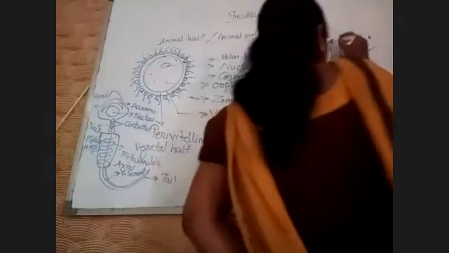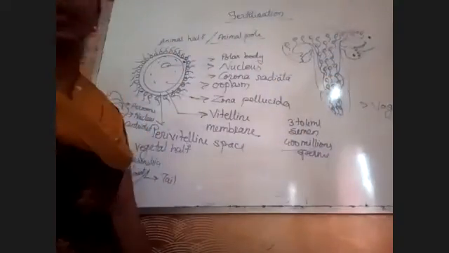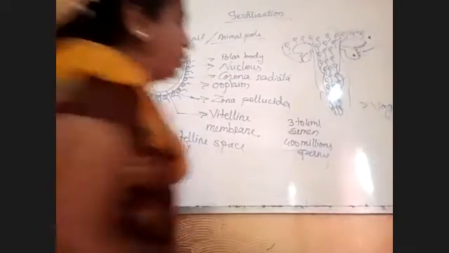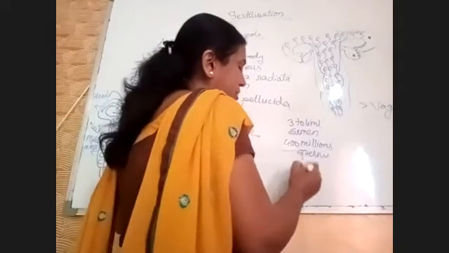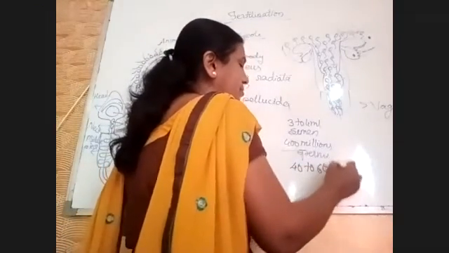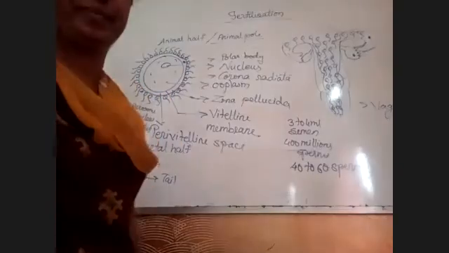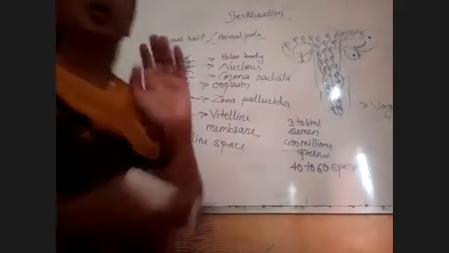Some may go towards this side. Out of these 400 million sperms, only 40 to 60 sperms will reach up to the ovum.